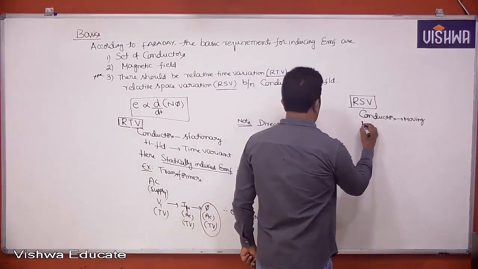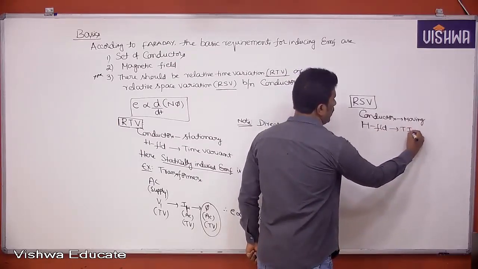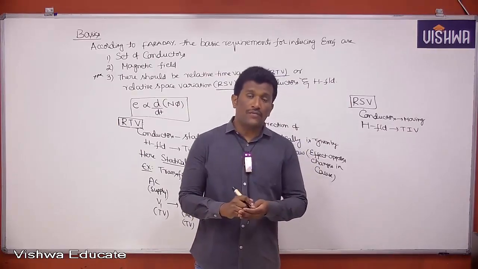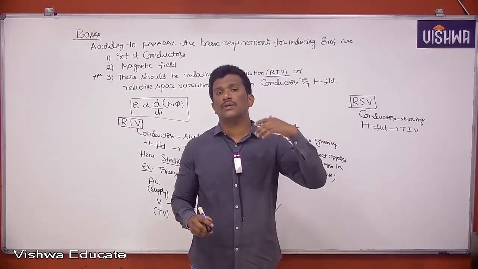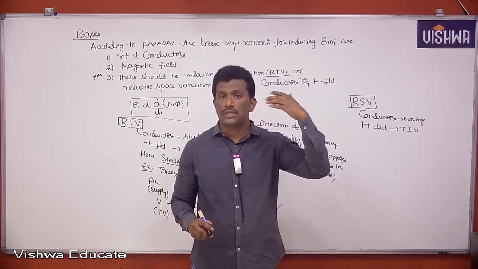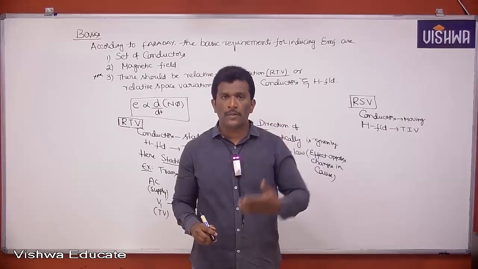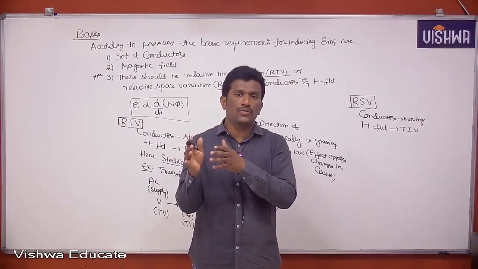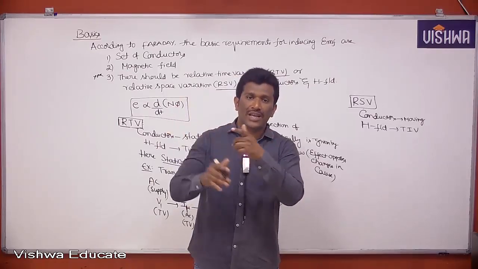But magnetic field is time invariant, nothing but DC. So we'll discuss after completing transformers and the induction machine, when we'll be discussing alternators, synchronous motors, DC generators, DC motors. There, if you observe clearly, for all those four machines, we will be giving DC supply to the field winding for excitation.